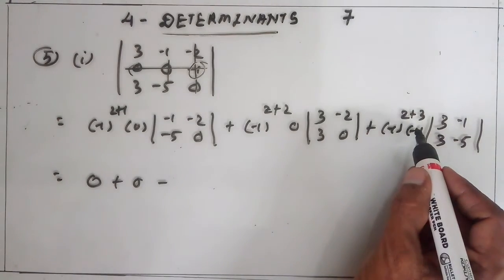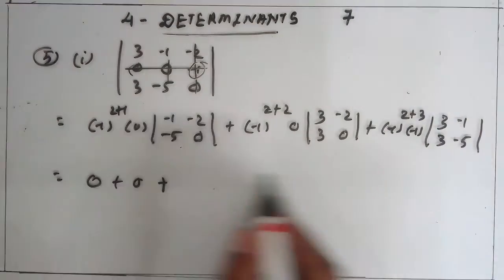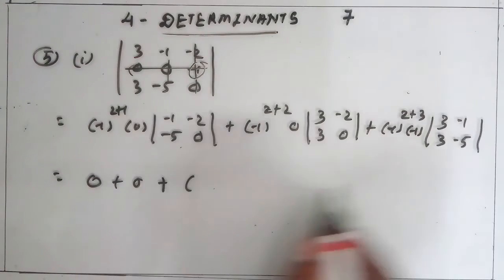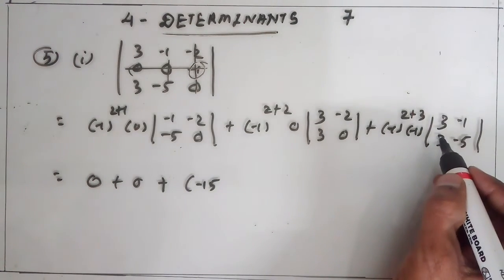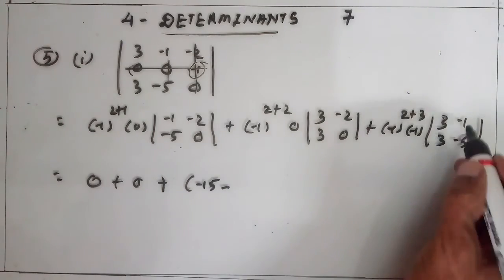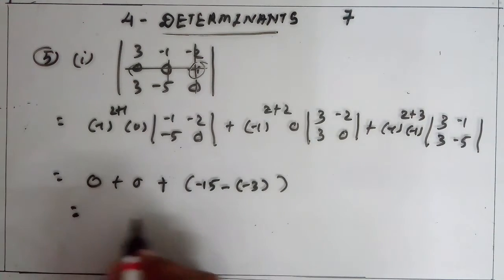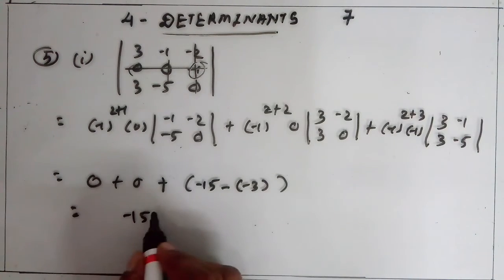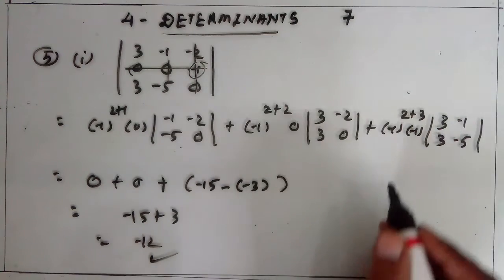So minus into minus becomes plus 1, into the value of this, which is 3 into minus 5, becomes minus 15, minus the product of these two, which is equal to minus 3. So it is equal to minus 15 minus minus plus 3, which is equal to minus 12. So the value of this determinant is equal to minus 12.